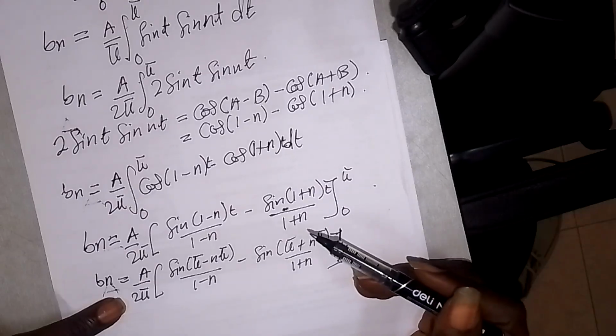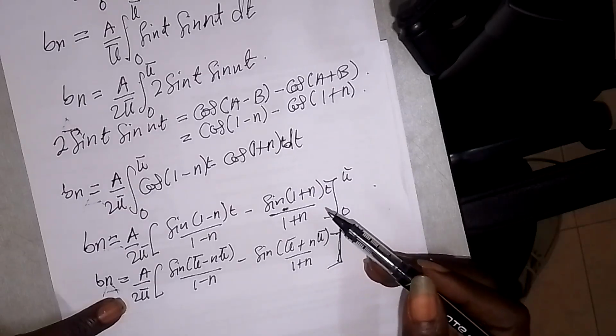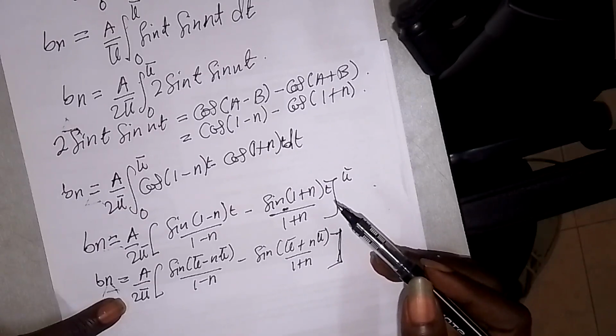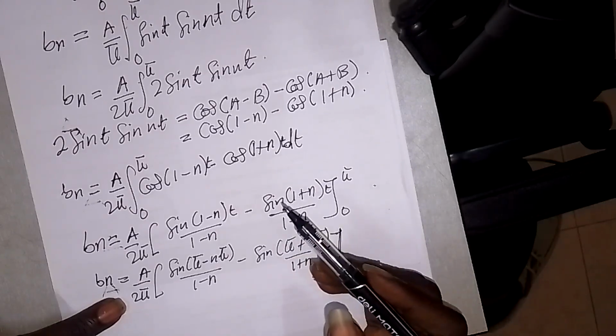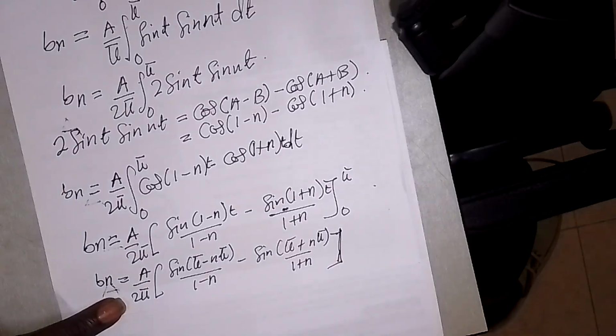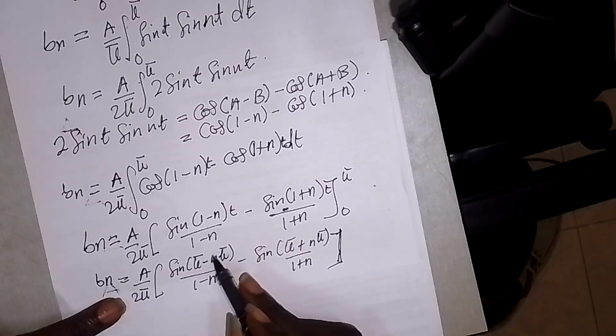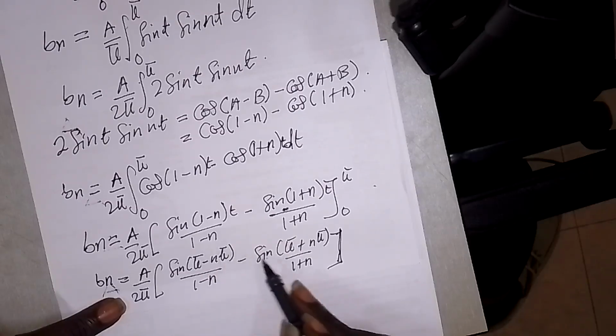Now, let's say that I put in the number 2. If I put in the number 2, then what it would mean is that I'm going to have sine pi minus n pi.